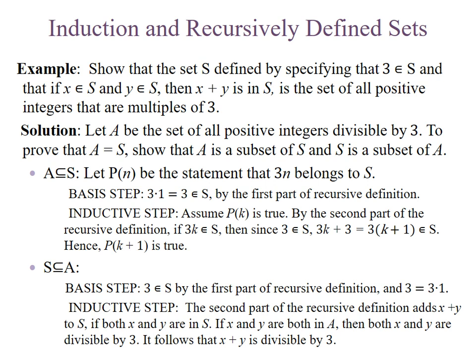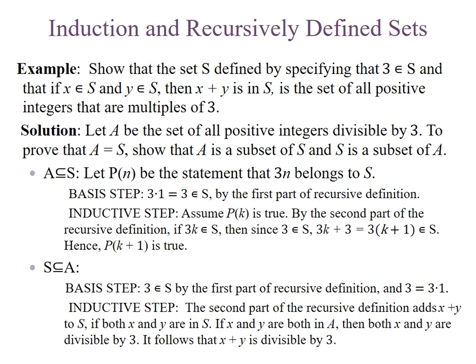Okay, so in the end, we change our way to prove. We have another set which is A. A consists of all integers which are divisible by 3, which also means the set A is the set of all numbers which are multiples of 3. Then we try to prove that the set A equals the set S.